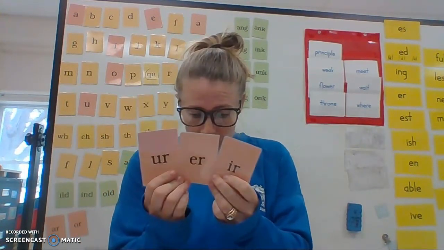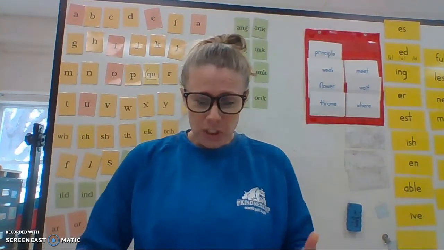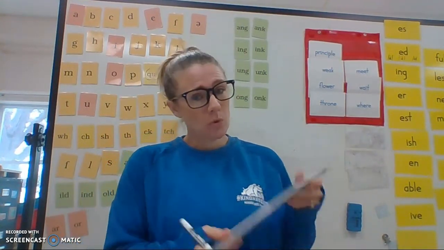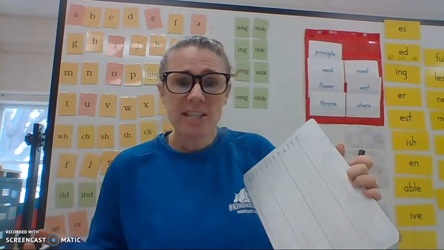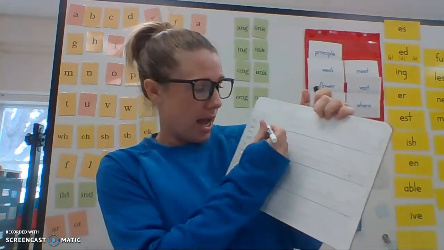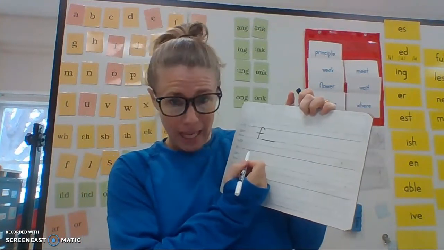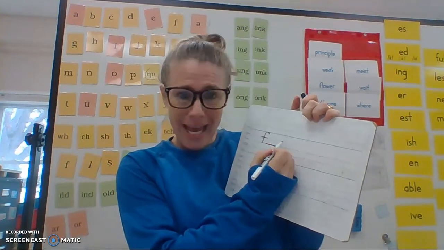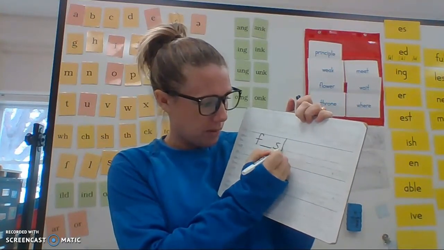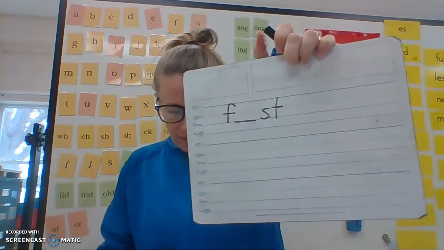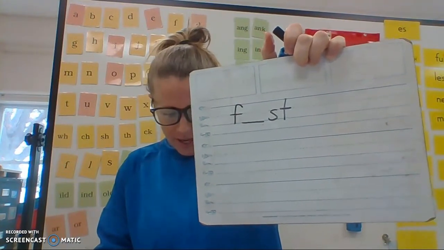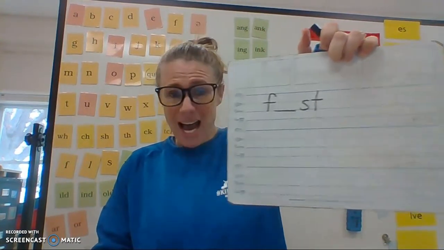So remember, if there's a word that's given to you and you don't know which one it is, you should do all the parts you know. Like say the word is first. I would write my F. I might leave the vowel blank, and then I know the ending, st. Okay? I might do that and then think, what are the options?